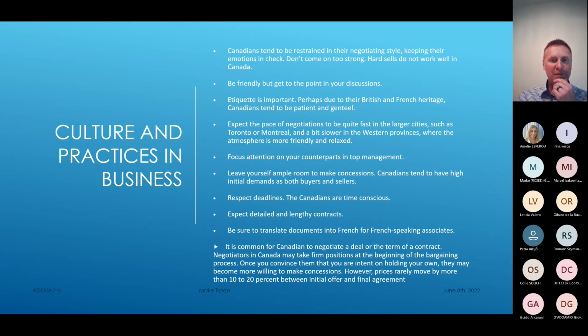Negotiation will always be limited on the price, especially to a few percentage points. But don't go in Canada, give a price and say, okay, we'll see if they accept, but I can drop it down by 40–50%.